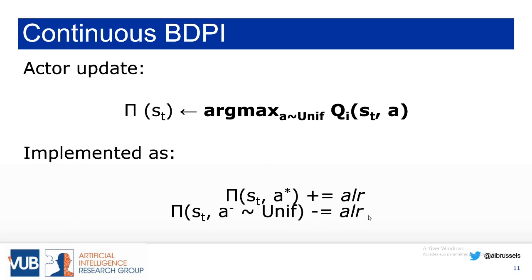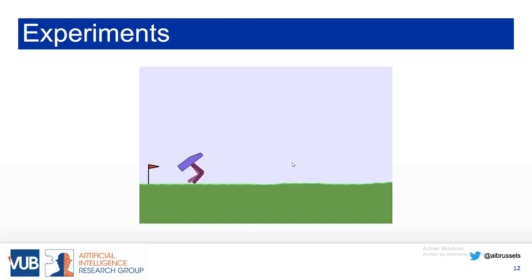And so now there is a nice balance that takes place. So the probability of good actions increases and the probability of bad actions decreases. And that's it. Well, more details in the paper, but the general intuition behind continuous BDPI is given.